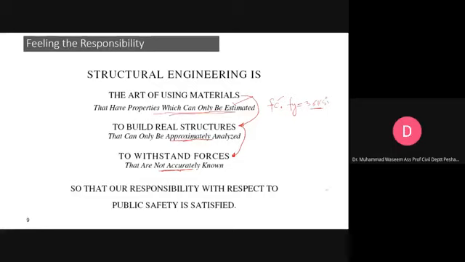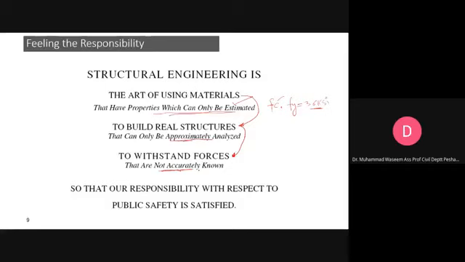The important thing you should note is that in the art of using material, the material properties are only estimated. The analysis techniques we use to analyze our structures are approximate, and the loads which we use are not accurately known. Okay, so we should exercise care.